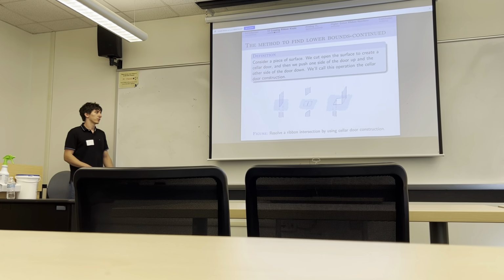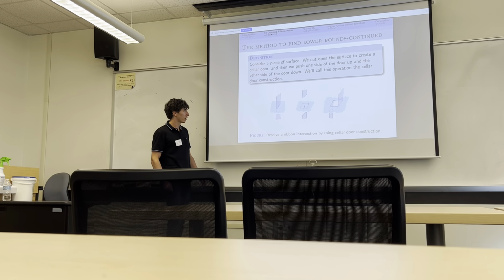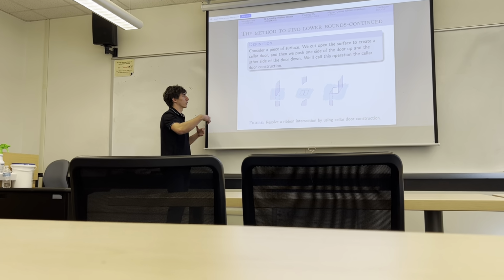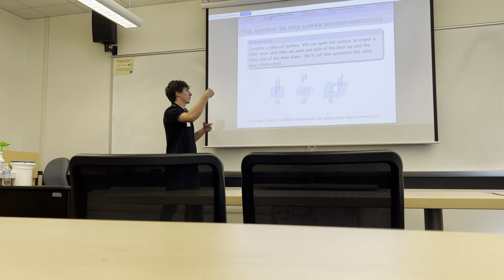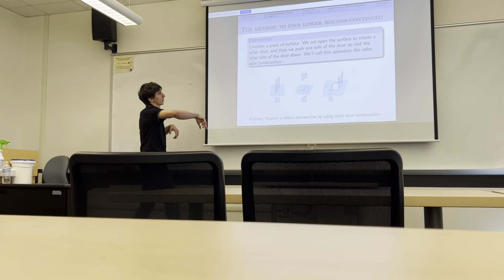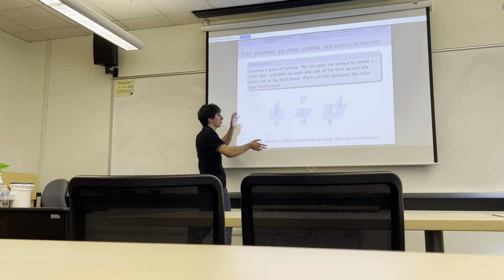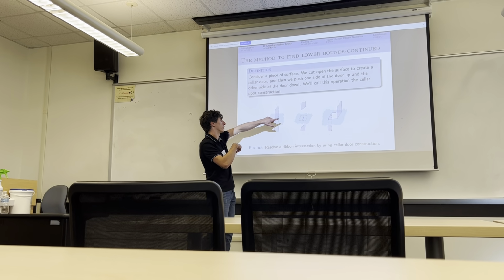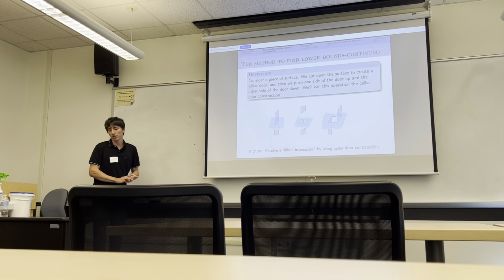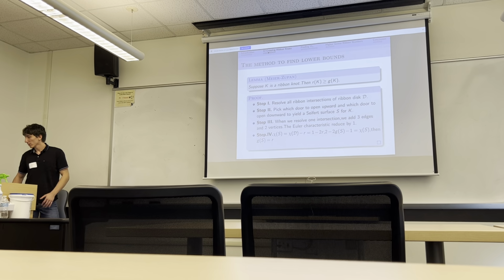Whenever you have a piece of the ribbon disk that the ribbon knot is bounding and there's a self-intersection, you can do what's called a cell door construction. So you cut along a little box right here, and you open the flaps up and then connect it to the bands here in a specific way that will result in a orientable surface.